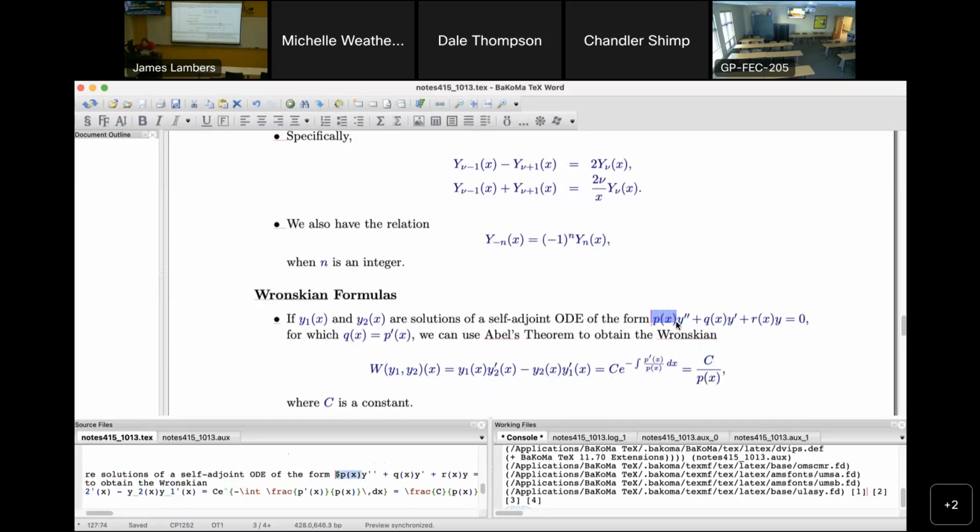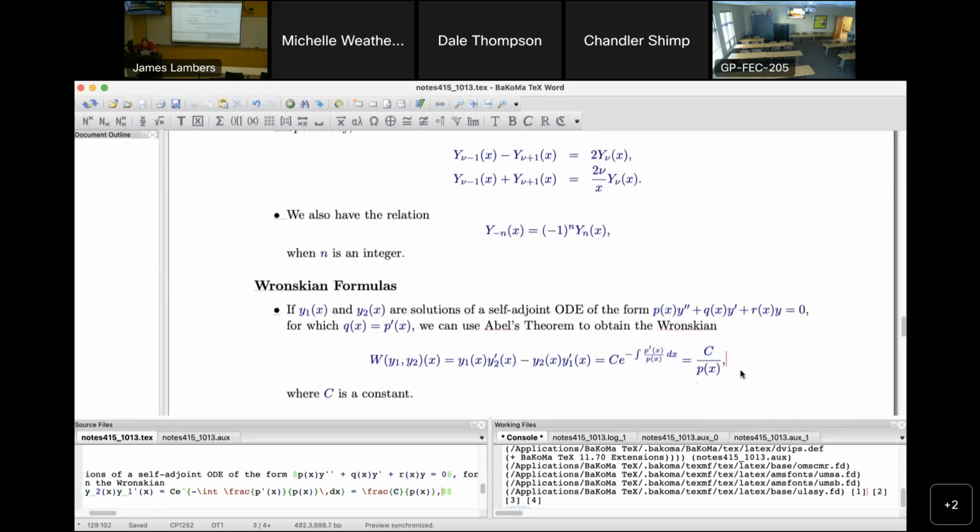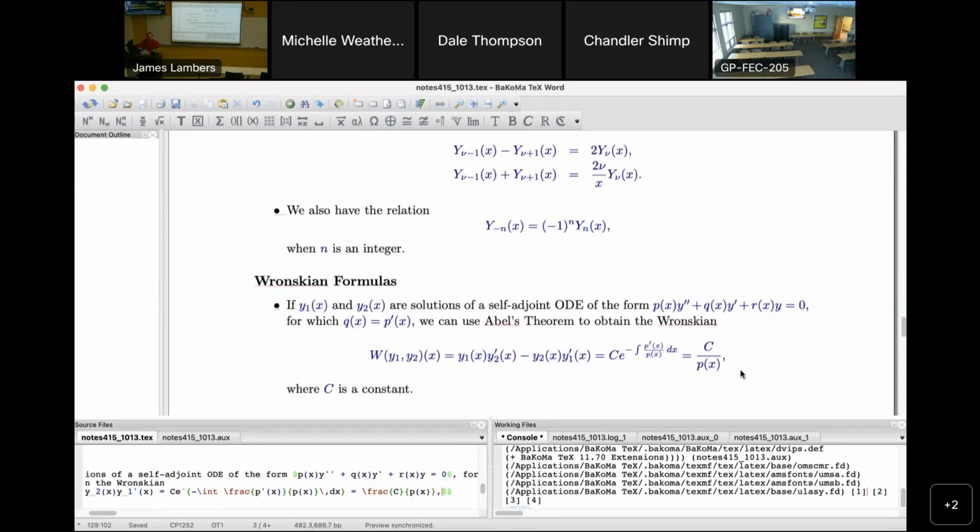So this is the coefficient of y double prime. What's interesting about this is we have an idea of what the Wronskian is, even if we don't know what y1 and y2 are. The only thing we don't know is what its constant is. Now, granted, if y1 and y2 are solutions, any scalar multiple of them is also a solution.